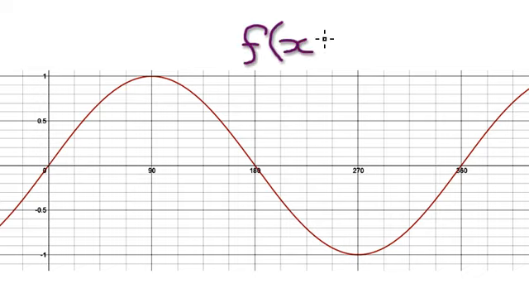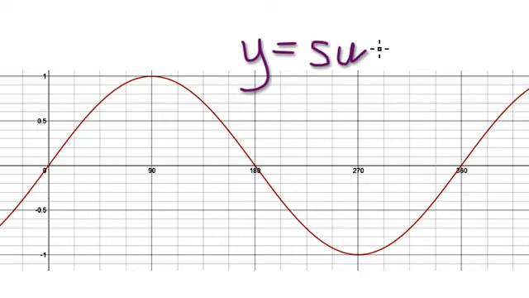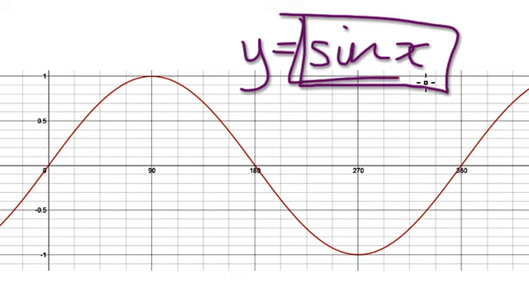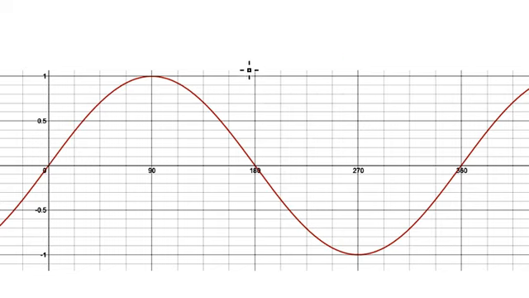So I can actually write f of x equals sine of x. Normally we've got a graph of y equals sine of x, but because this graph doesn't go back on itself, it happens to be a function, so we can label it as f.